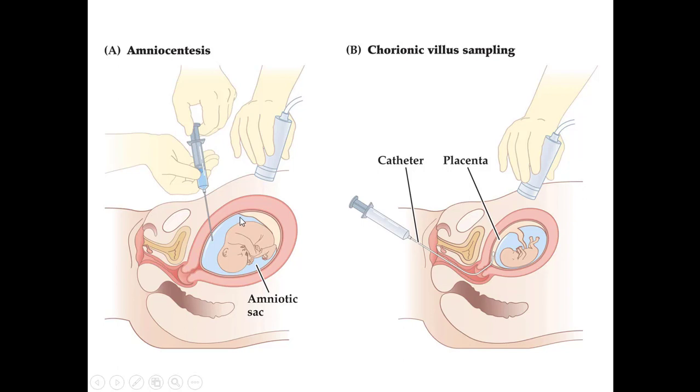Typically, amniocentesis and chorionic villi sampling are conducted when a woman is considered high risk. In other words, the doctor wouldn't want to perform an amniocentesis or chorionic villi sampling unless there was a reason to do so. The older age of a mother could be associated with a higher risk.